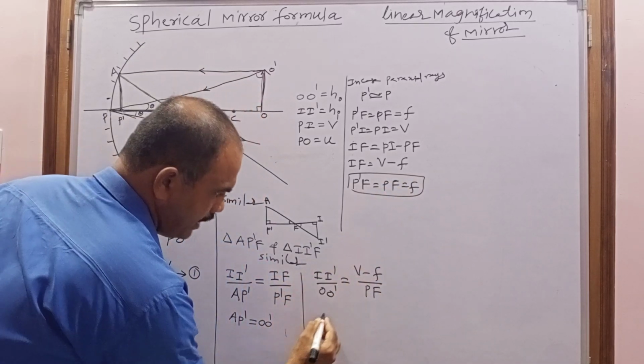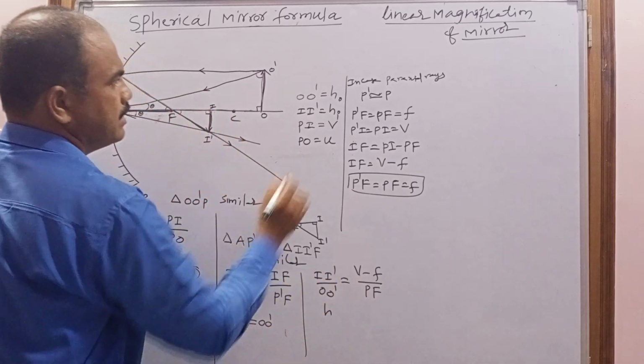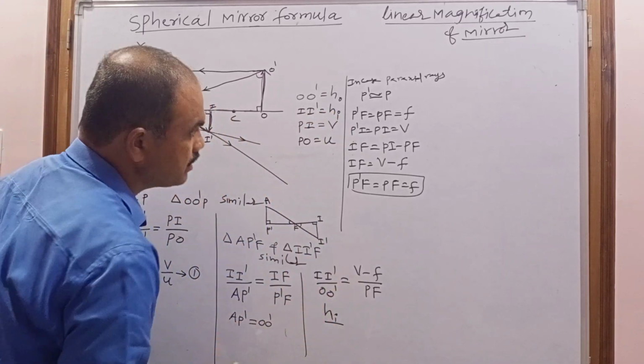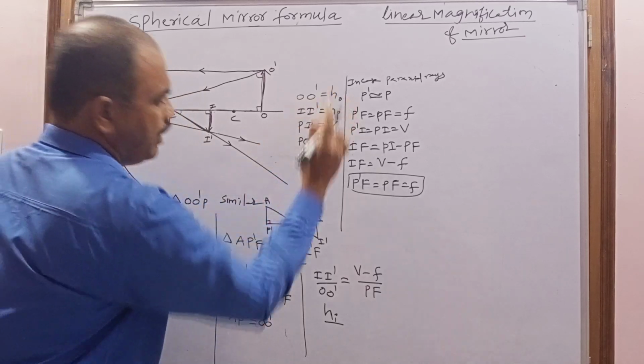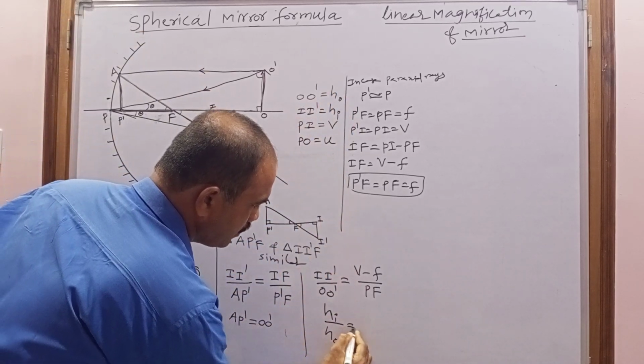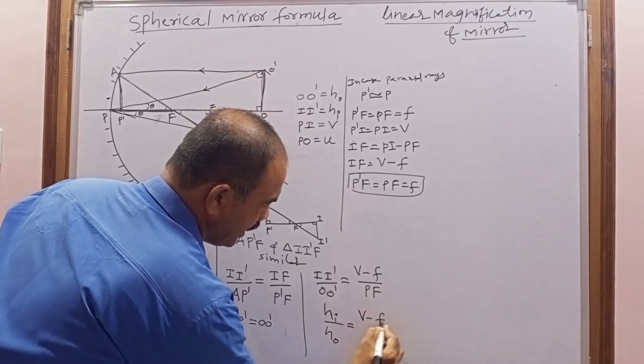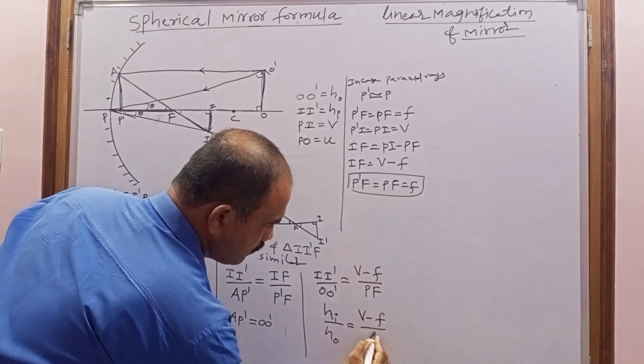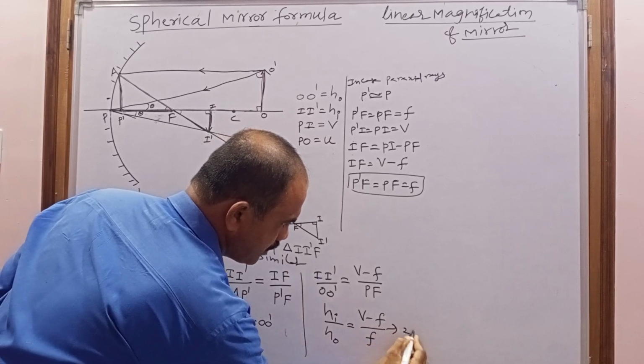So I dash is the height of the image, by OO dash, which is the height of the object, equal to V minus F by PF. Pole to focus distance is nothing but the focal length. Now let it be equation 2.